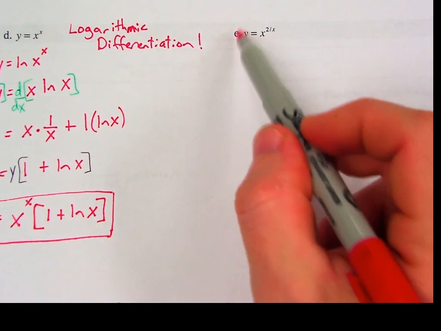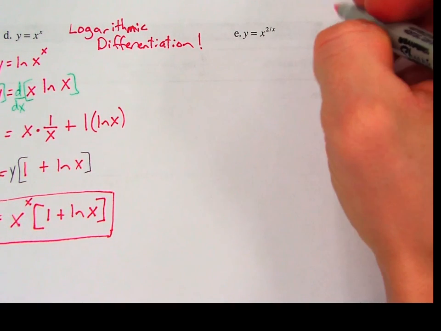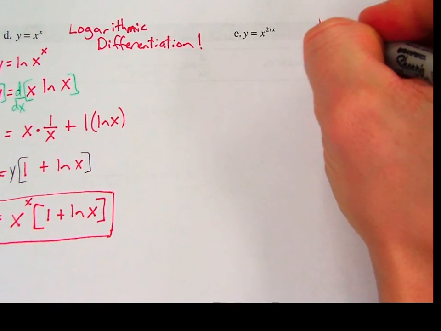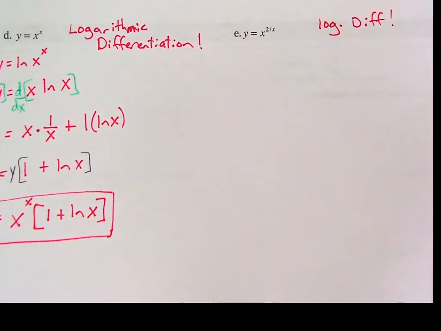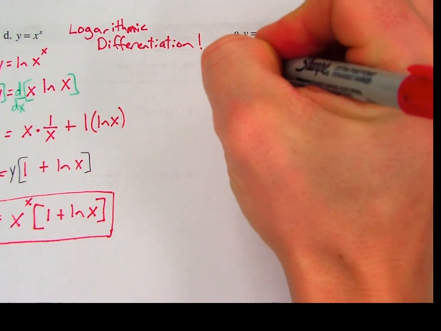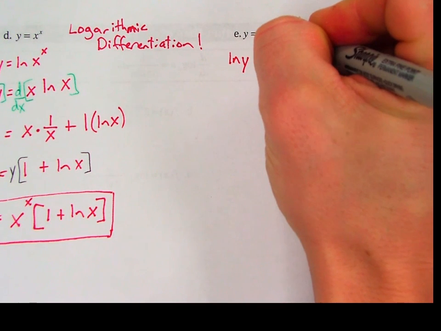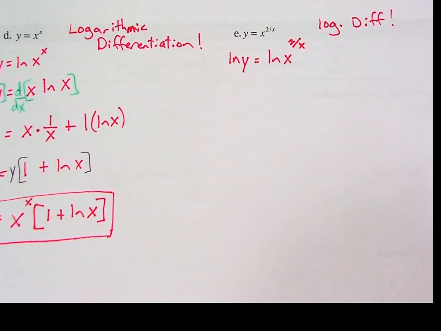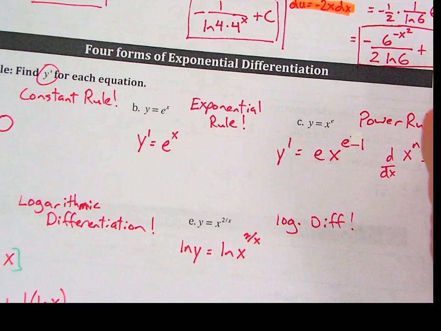Okay, so in our next example, also, we don't have any e's anywhere, so we are going to use logarithmic differentiation. Oh, I missed one up here on the power.